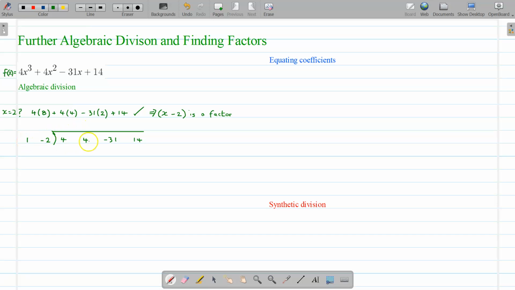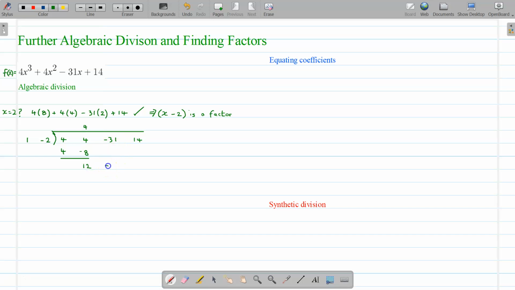And just look at the 1 and the 4, and it goes in 4 times. And then I multiply. 4 times 1 is 4. And 4 times negative 2 is negative 8. So I do a subtraction to see what's left over, and that gives me 4 take away minus 8, which is the same as 4 plus 8, which is 12.